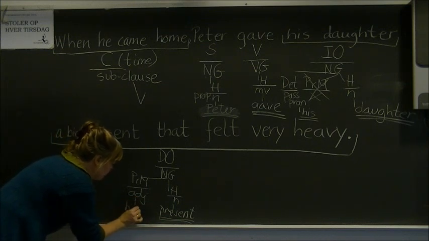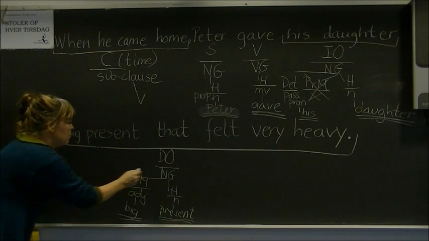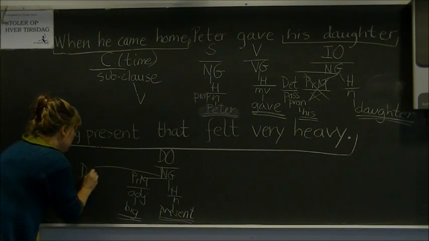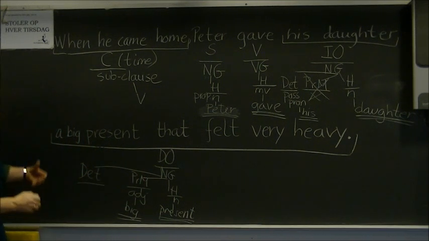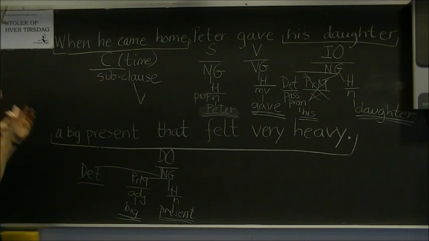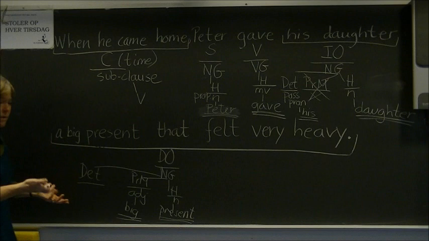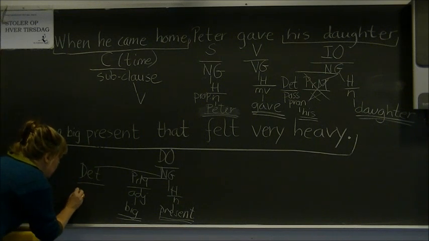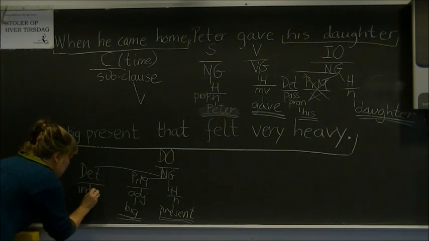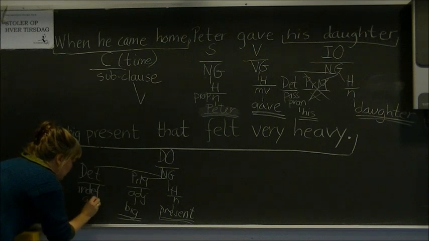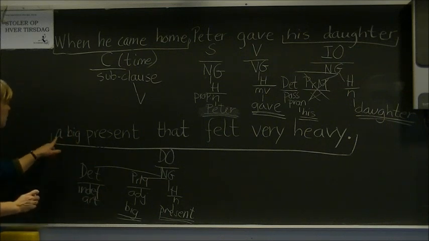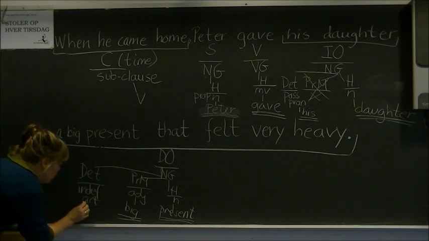And then we've got the determiner in front to determine, is it any present, is it the present, is it his present, what is it, to determine who owns it and how definite it is. So this time it is an indefinite article. So either a or an, and here a because there's a consonant sound.